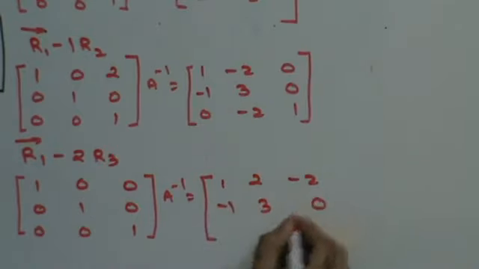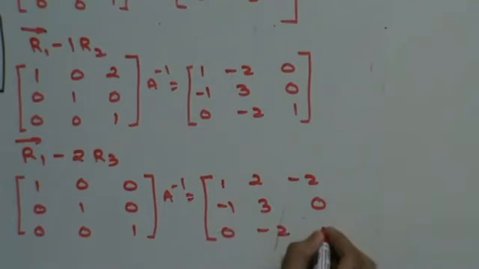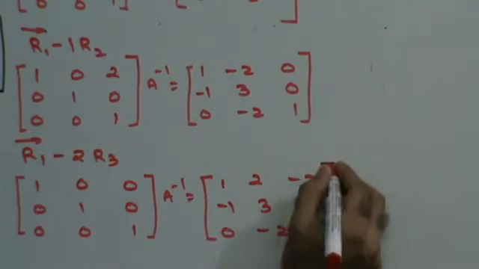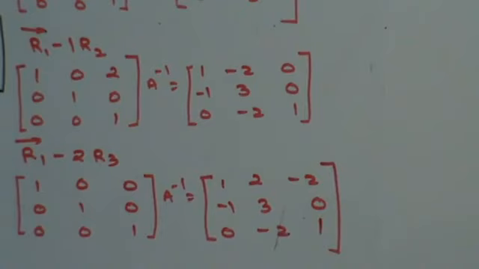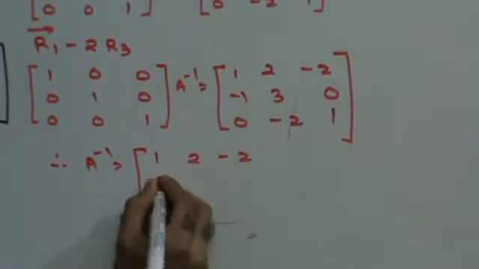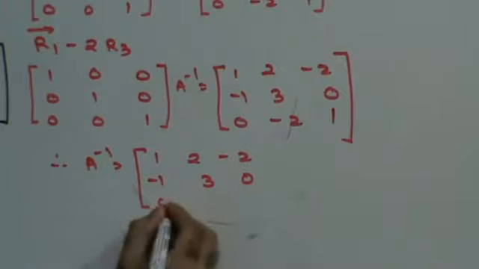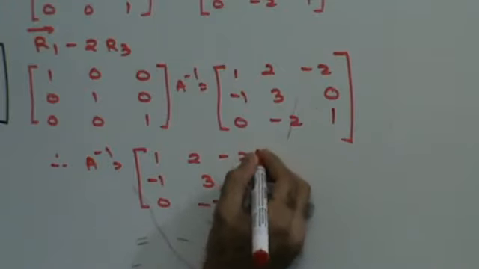Minus 1 3 0. 0 minus 2 1. So in that case your answer will be A inverse is 1 2 minus 2, minus 1 3 0, 0 minus 2 1.